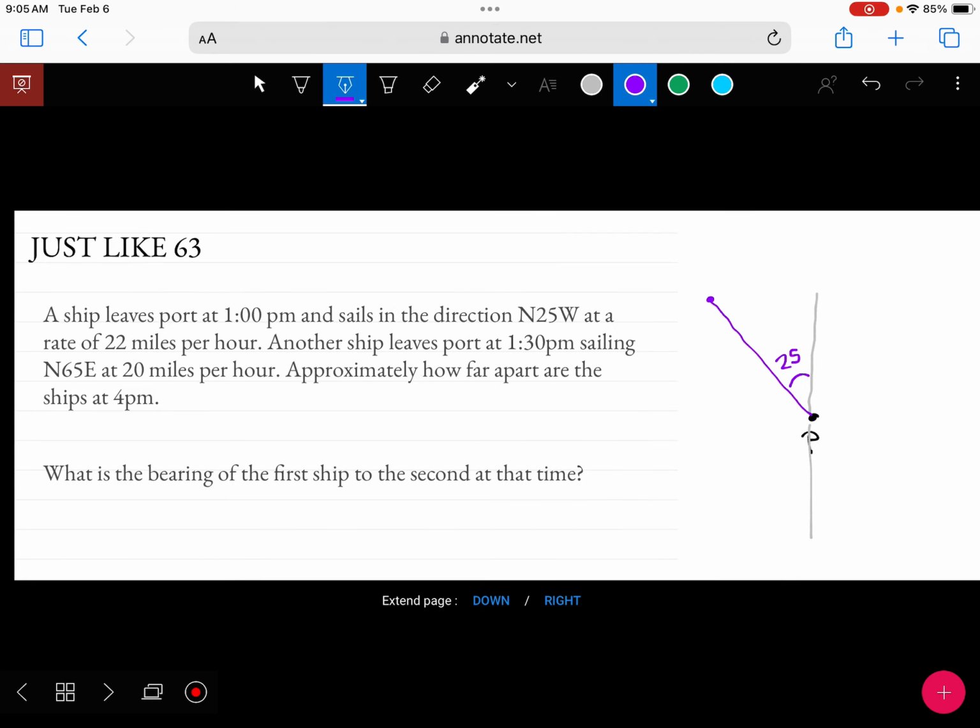We're wanting to know what happens to these boats at 4 p.m. So can we find out how far this boat went, what distance it went between 1 and 4? So let me see, purple. The purple boat is going 22 miles an hour.